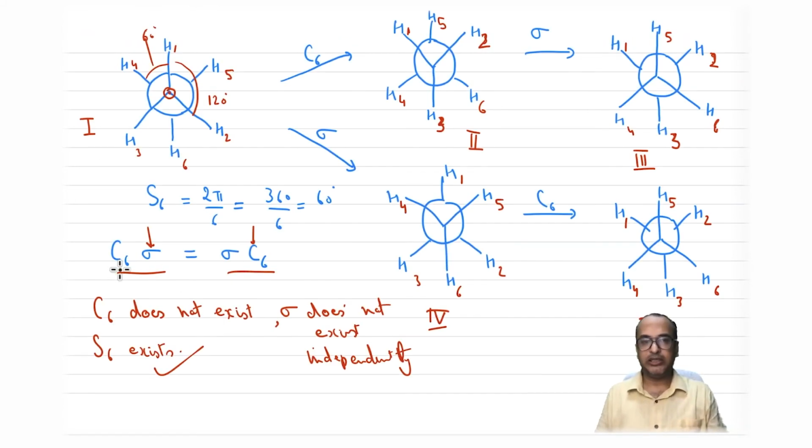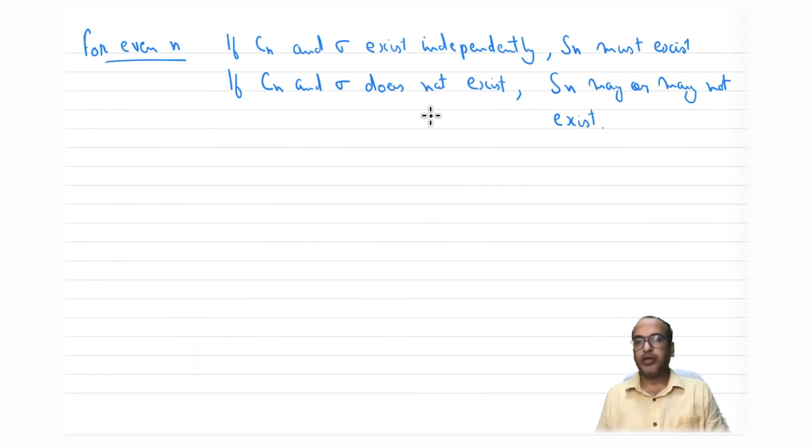In this particular case, C6 or sigma, neither of those two were present, but still S6 was present, right? So we can safely say that if they do not exist, Sn may or may not exist. So you actually have to test it out by actually doing the operations. But if they exist independently, you can safely say that Sn must exist.